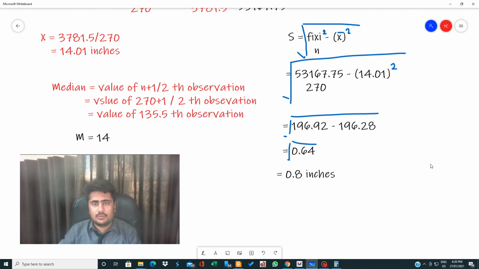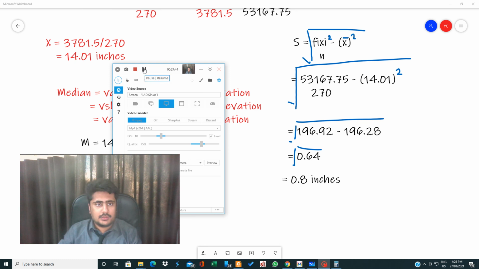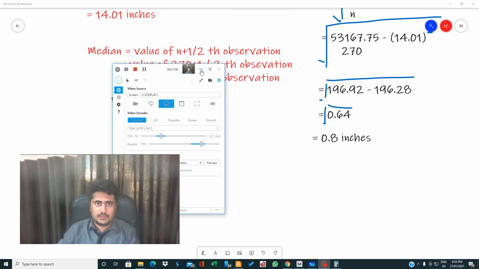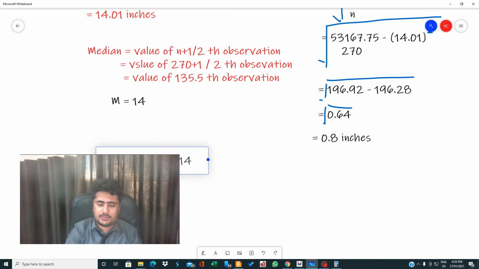So I got three things: mean, median, and standard deviation. So now let us find skewness and its coefficient. My mean is 14.01, median is 14, standard deviation is 0.8.